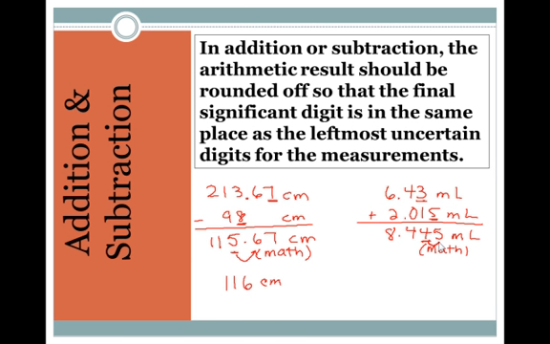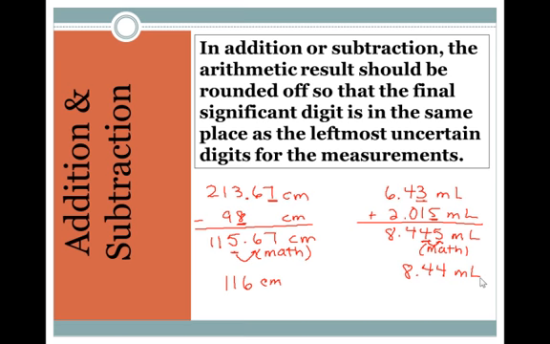Okay? I look here, it's a 5, and that should be a flag for you. 5 with only zeros behind, and that becomes 8.4, and 4 is already an even digit, so we're going to leave it alone. So it's 8.44 milliliters as our science answer.